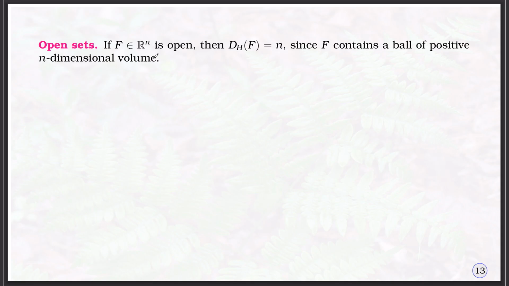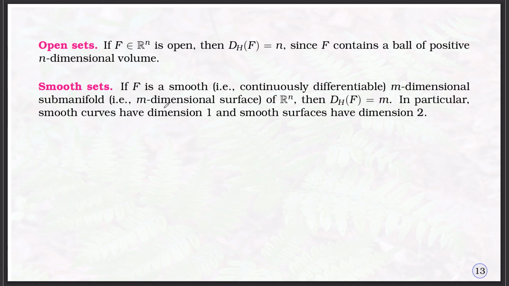If F belongs to R power n and is open, then the Hausdorff dimension of this open set is always n, since F contains a ball of positive n-dimensional volume. If F is smooth, that means a continuously differentiable m-dimensional submanifold of R power n, then the Hausdorff dimension of F equals m.